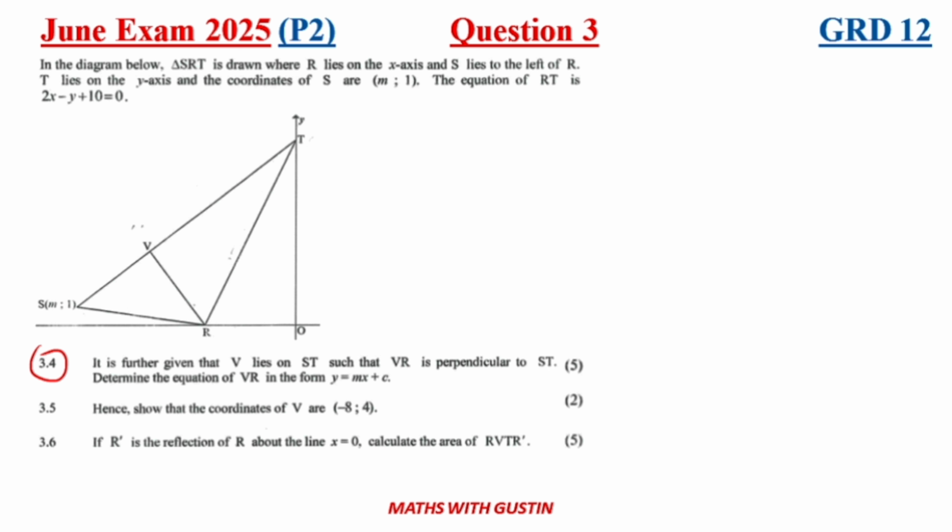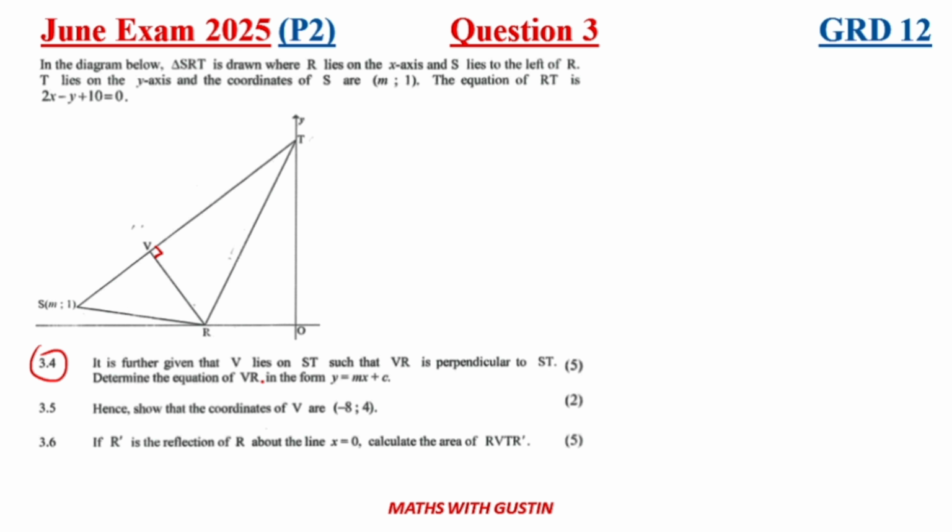So let's move on. It is further given that V lies on ST such that VR is perpendicular to ST. They are telling us that they are perpendicular.